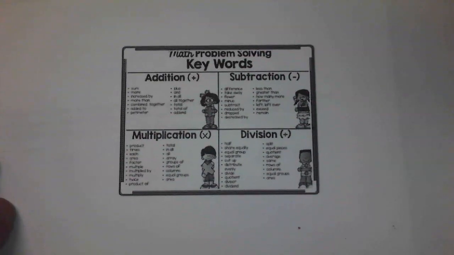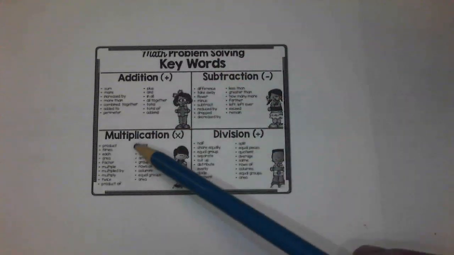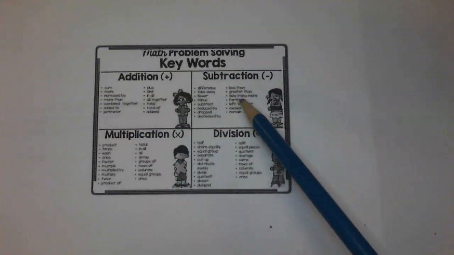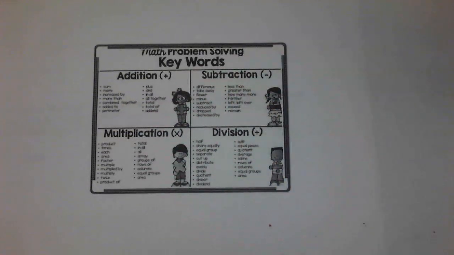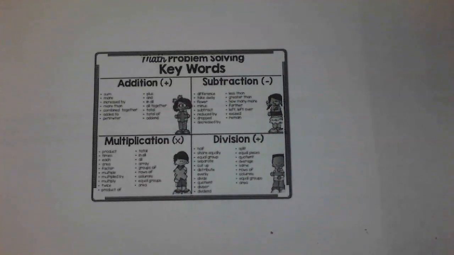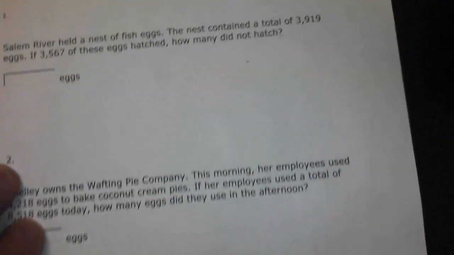And then we've got these key words that help you to know whether you're going to be adding or subtracting. We're going to be working with subtraction problems today, and you can refer to that chart in your Canvas plan. Okay, so here we go for our questions for today.